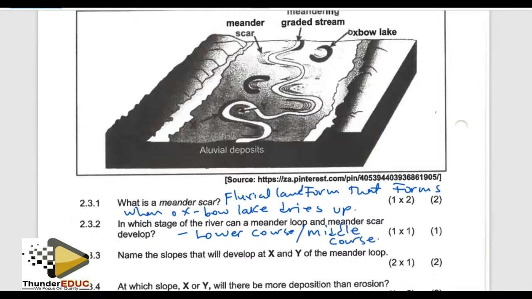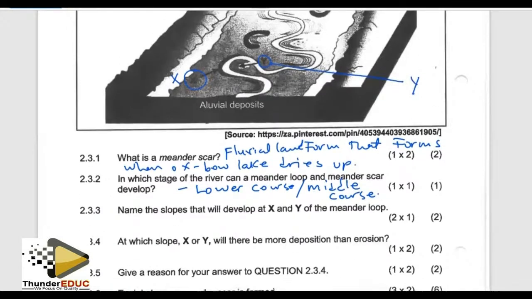2.3.3, name the slopes that will develop at X and Y of the meander loop. So it's a bit dark, but this side is X and this side is Y. At X will be the undercut slope.